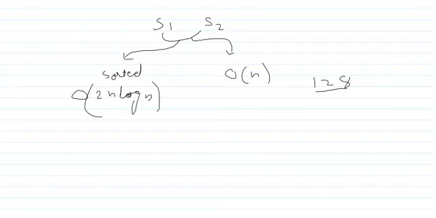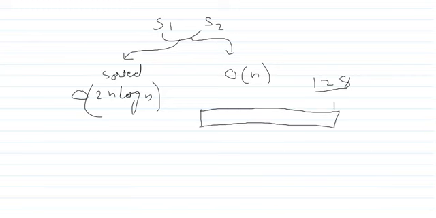So we will create an integer array of 128 length, and iterate over the characters in the string 1, s1, and increment the count of the characters in the array.